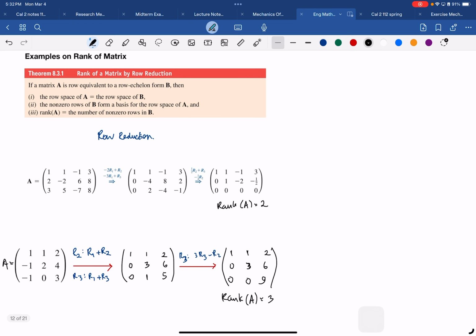There are some theorems here, but I would like to emphasize the last theorem. It says that the rank of matrix A is the same as the number of non-zero rows.